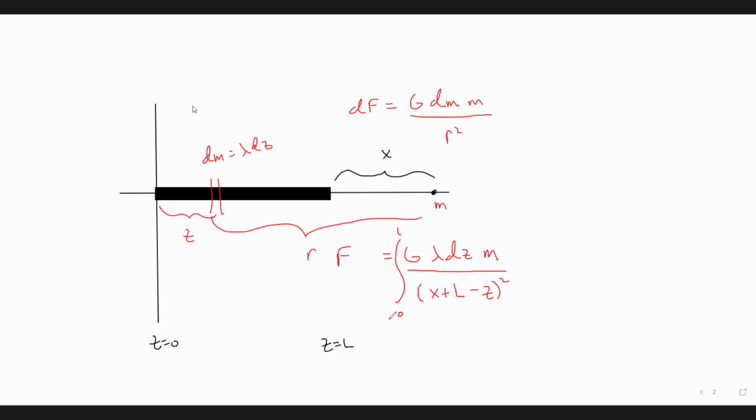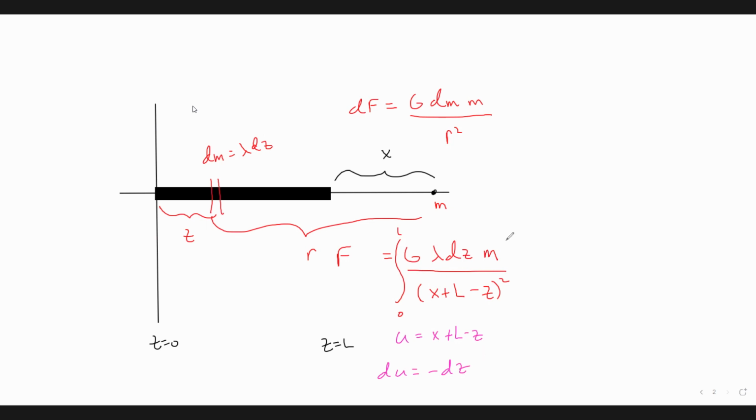And what will be your substitution? U equals... I don't know. You almost had it. I thought you were going to say it. X plus L minus Z. Okay. So then this term becomes U squared, and dU is equal to minus dz.